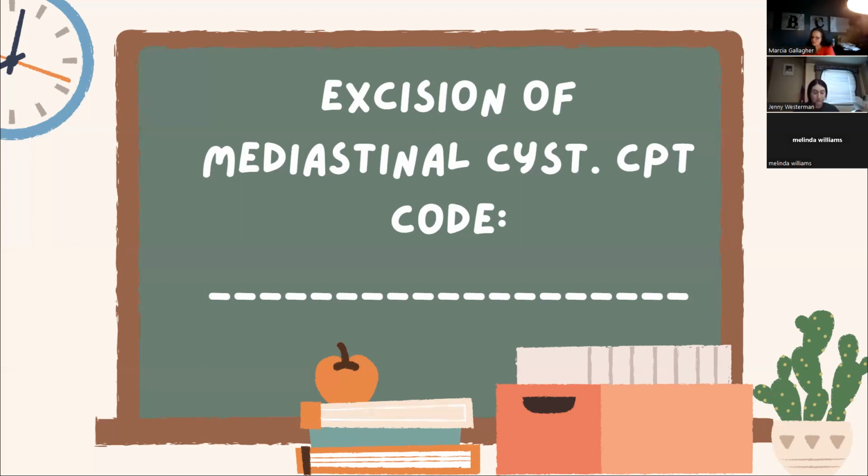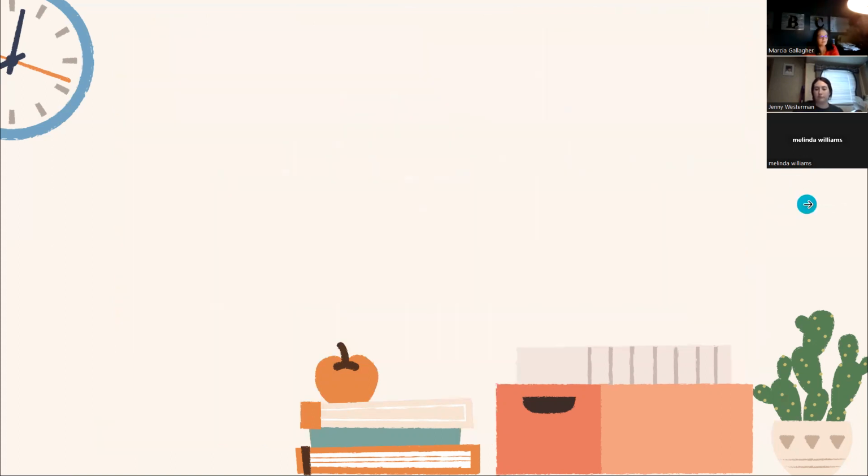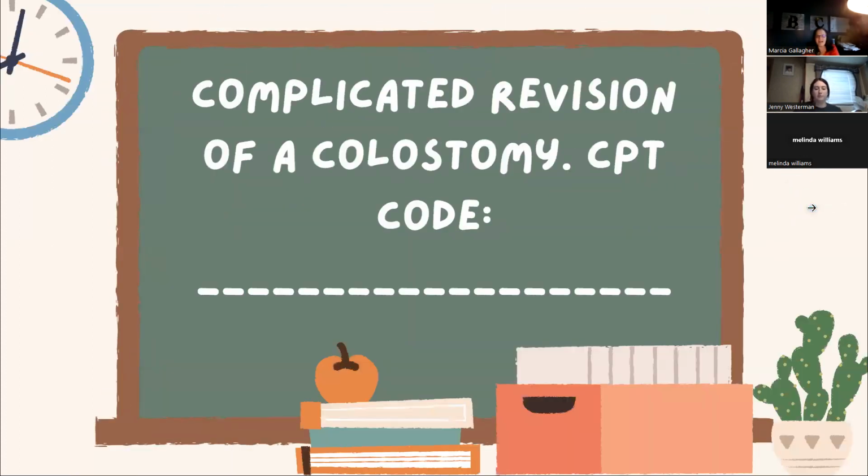Yes, that's perfect, because 39200 is resection of a mediastinal cyst, but 39220 is a tumor. So we differentiated. So we need the cyst, 39200. And also where I was looking under excision and the mediastinum, the last couple of letters are changed. It does have 39200 as one of the codes. So I'd imagine you can use that as well. Right. Thank you for pointing that out. More than one way, huh?